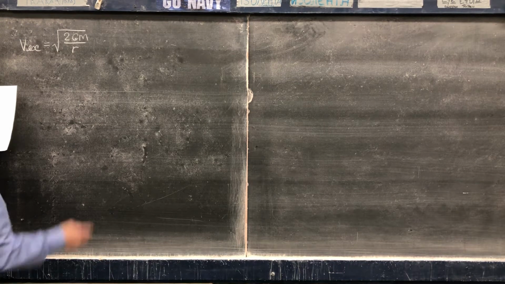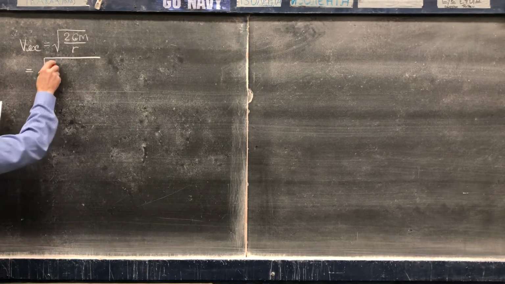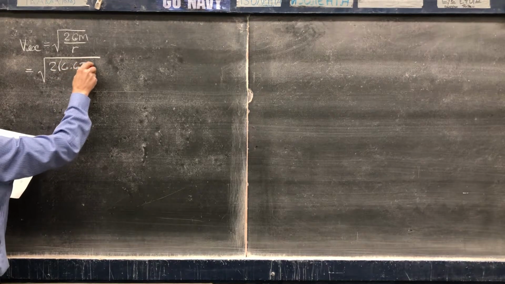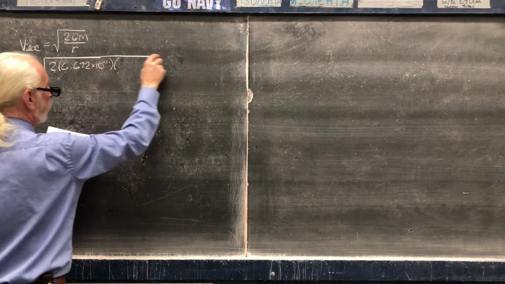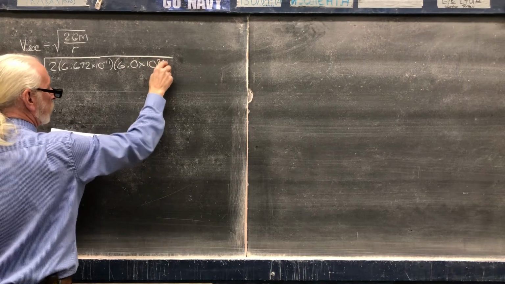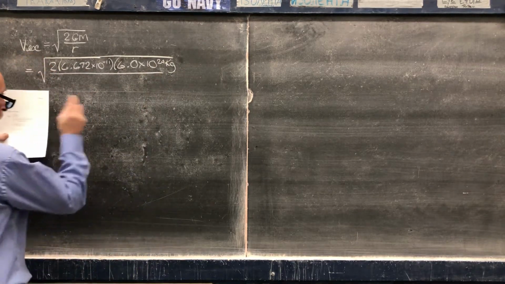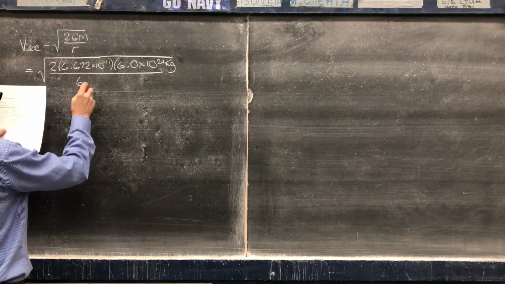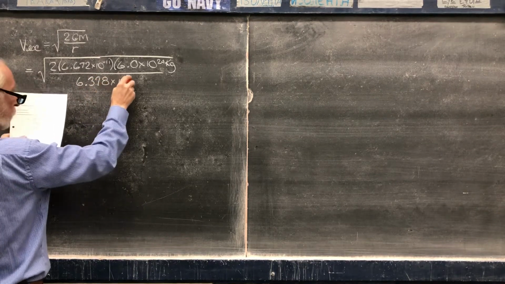So that's going to equal 2 times 6.672 times 10 to the negative 11 times the mass of the Earth, 6.0 times 10 to the 24th kilograms, over the radius of the Earth, and we have to use meters, not kilometers, so that comes out to 6.378 times 10 to the 6th.